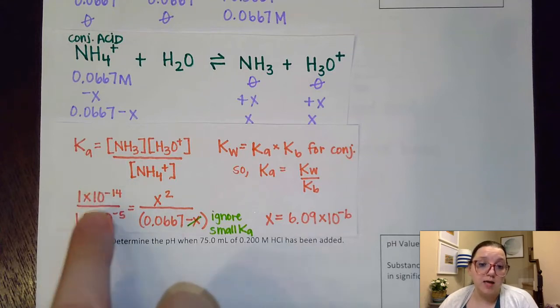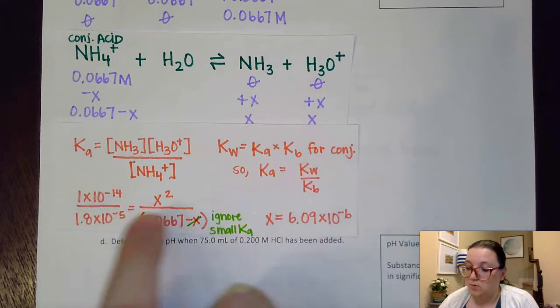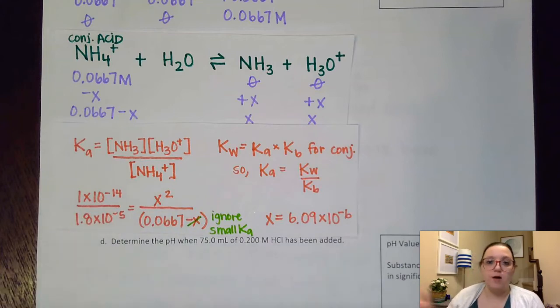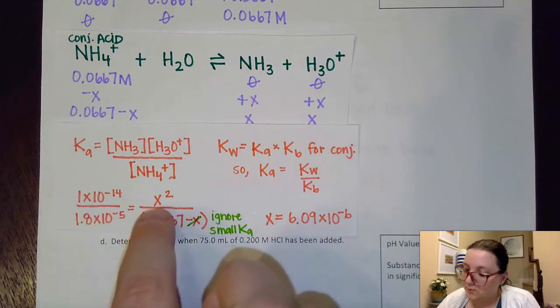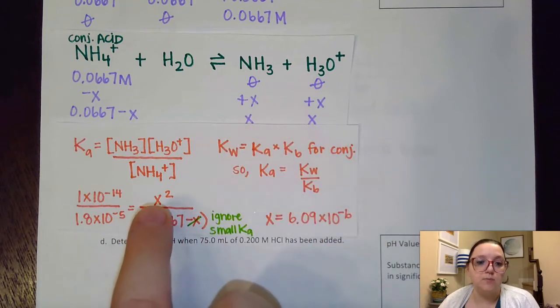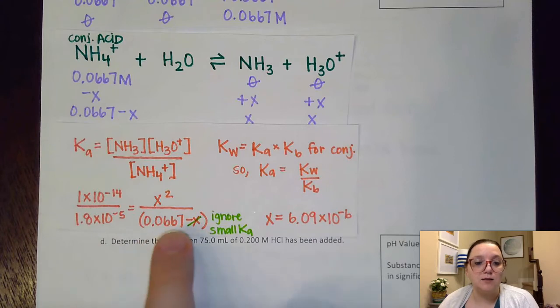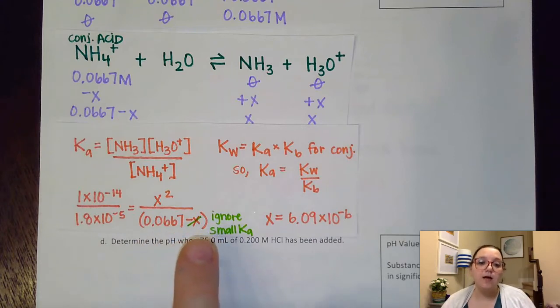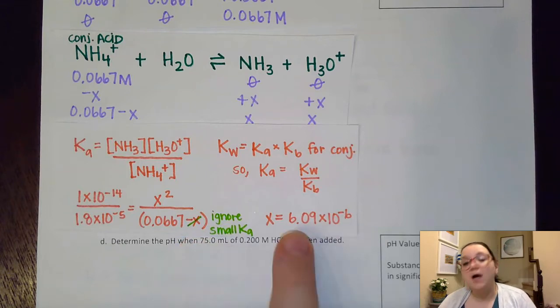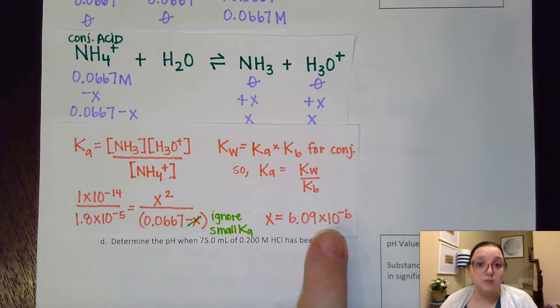So this is my Ka value, but I used Kw over Kb. So you could solve that before you plugged it in, or you could plug it in like so. Then the rest of this, I would have x times x, so that would simply be x squared, over the 0.0667 minus x. Of course, we get to ignore that change because our Ka value is going to be very small. And so that gets me an x value of 6.09 times 10 to the negative 6th.